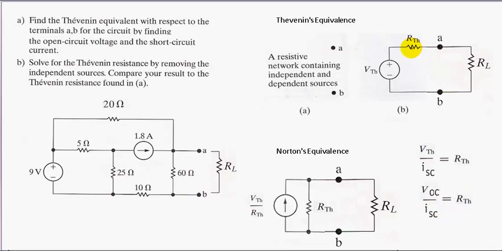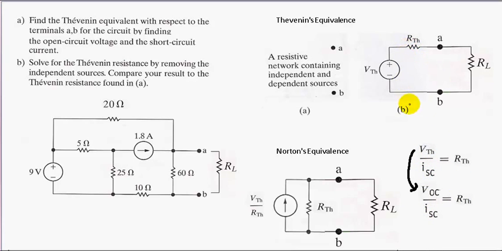Your R Thevenin is here, and you would put your V Thevenin here. Notice that V Thevenin is equivalent to V open circuit, and I short circuit is I short circuit. When you divide them, you get your R Thevenin.